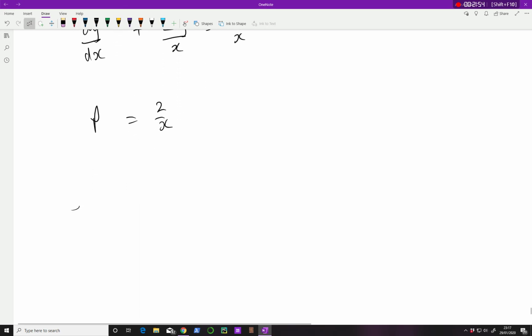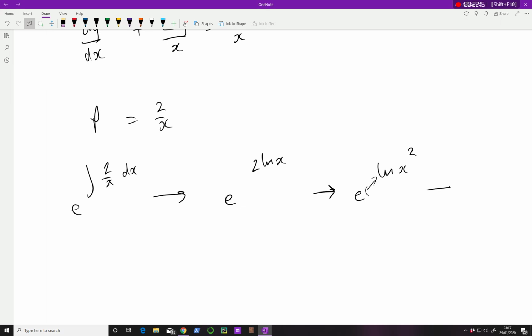So this means that I can integrate that with respect to x, and that's going to give me e to the 2 ln x. Now I'm going to take this 2 up to give me x squared, and the e and the ln should cancel. So I get x squared.